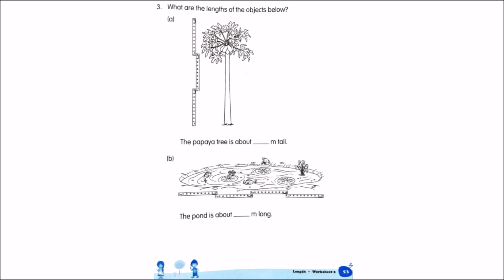Okay, now that you know how to measure objects using meters, you can try to do this worksheet. Look at the papaya tree and count how many meters is this tree. How about the pond? How many meter rulers is this pond?